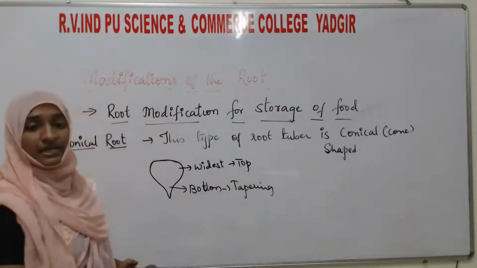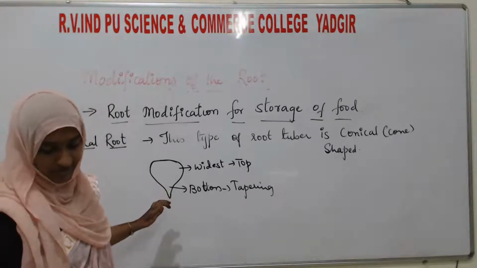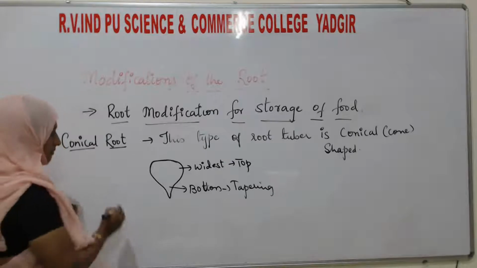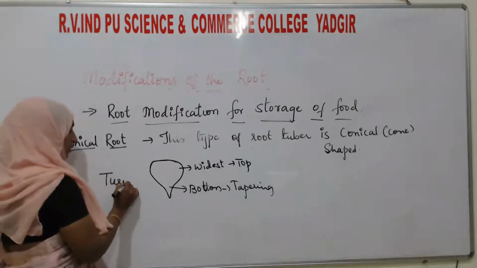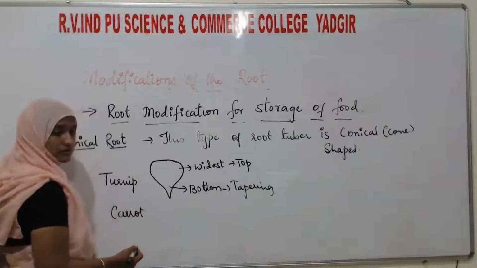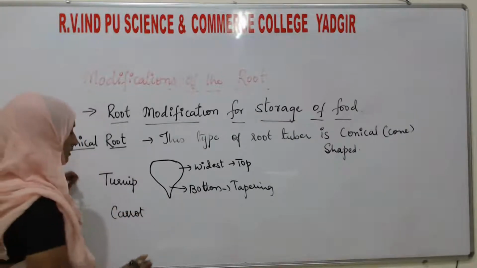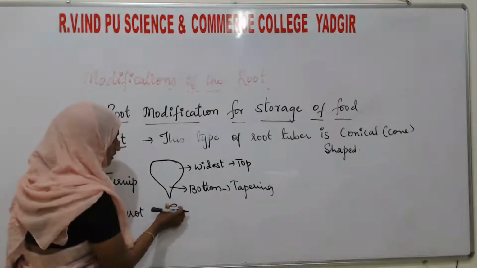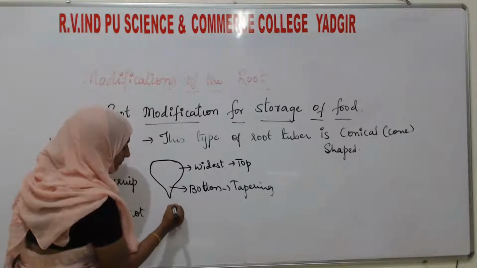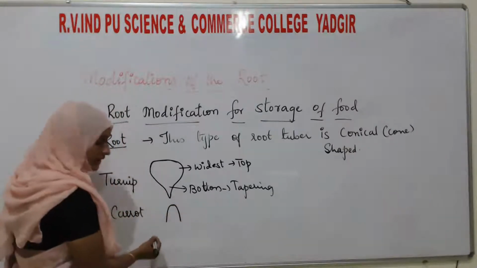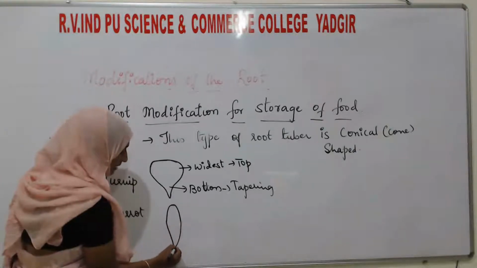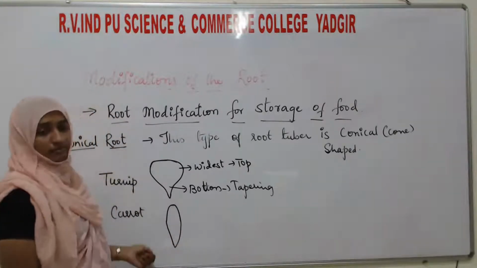Examples of this type of root are the turnip and the carrot. Carrot is the common example here. The carrot is wider at the top part and becomes steadily tapering at the bottom.